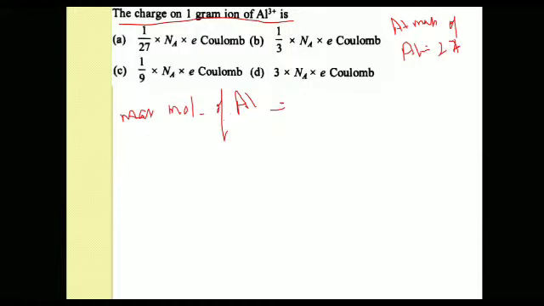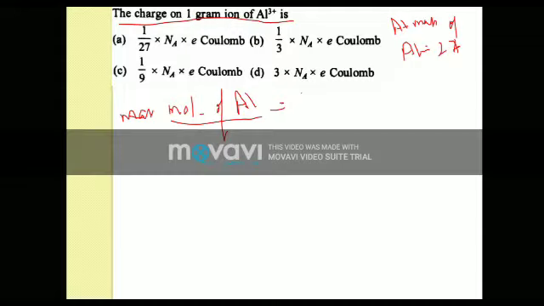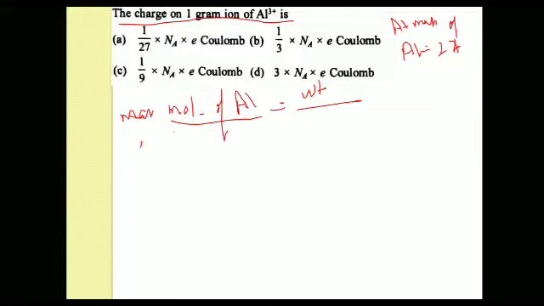So moles of aluminum in 1 gram is equal to weight divided by atomic mass. So what is the atomic mass? Weight divided by atomic mass.